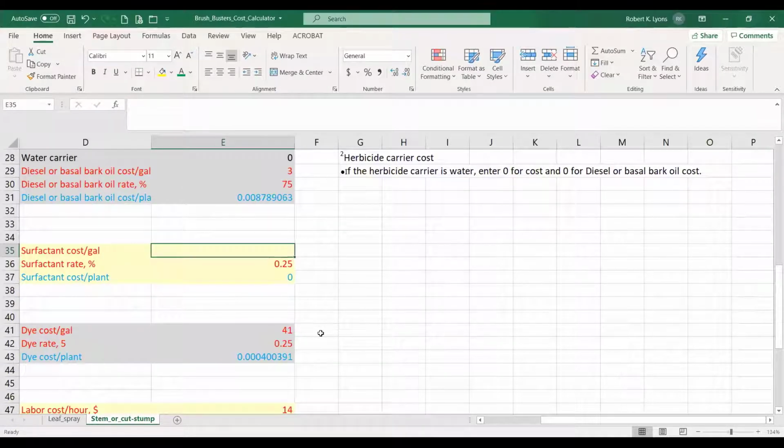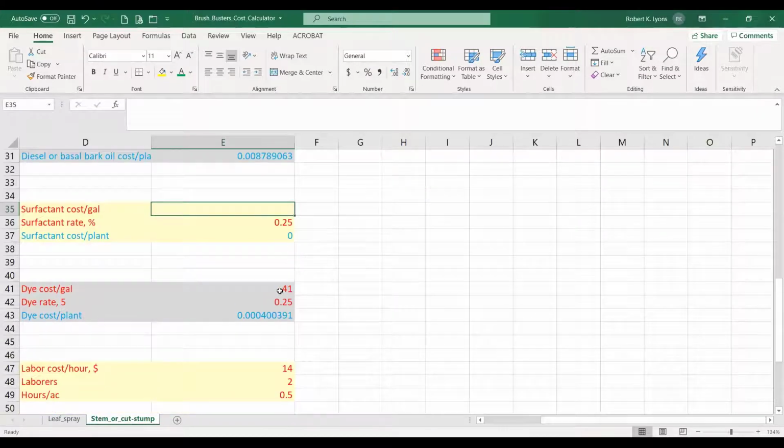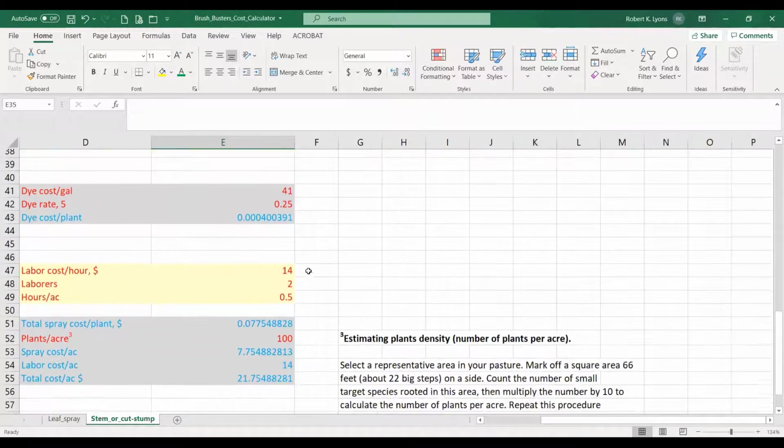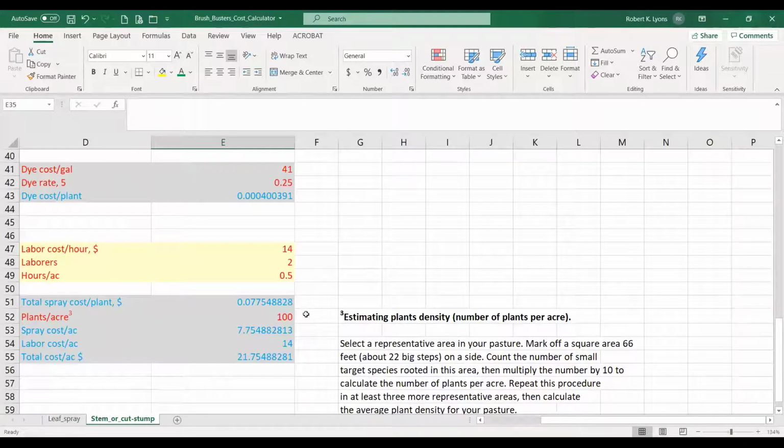If we're going to use a dye, we enter the dye cost per gallon and the rate at 0.25 or 0.5, whatever you're going to use. And then again, we enter the labor cost, and it calculates a total spray cost per plant of almost 8 cents a plant. And then we've got 100 plants per acre.